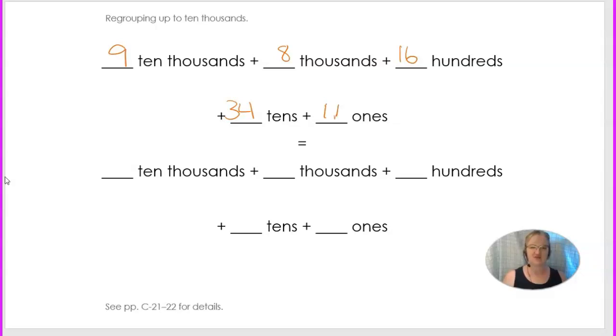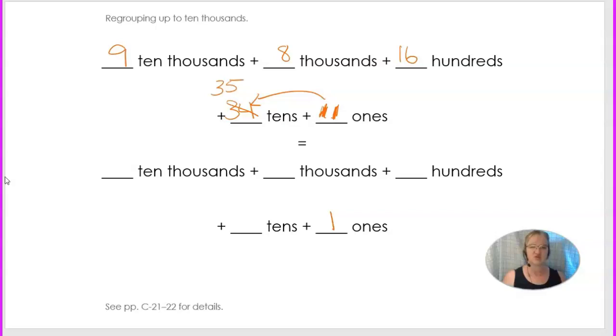So we know that we have 2 digits in the ones place, so one of them has to go. We leave 1 there, so I'm going to put that down here and move this 10. 11 ones, or 10 ones actually, means a 10. I'm going to move it over here, cross this one out to make it 35 tens.